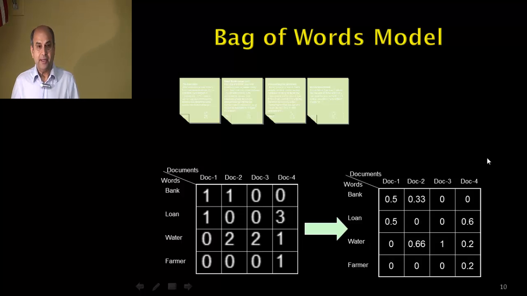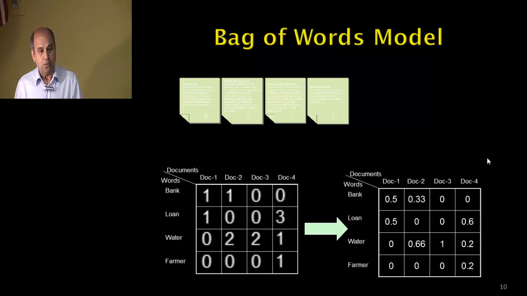This is also called bag of words, because here we have words as a unit, like we have text. These are documents, not images, and this is called the bag of words approach.